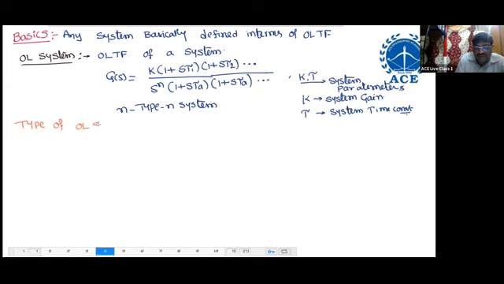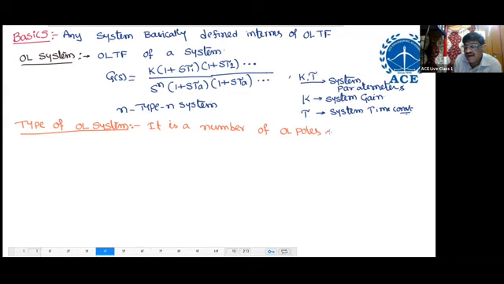The type of an open loop system is the number of open loop poles at the origin in the open loop transfer function.